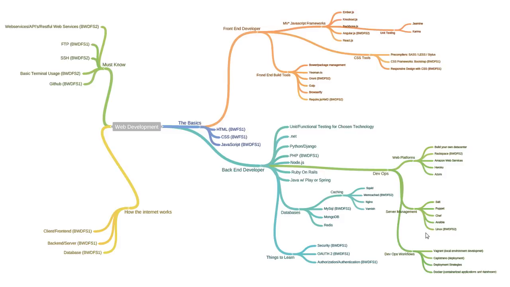I'm also going to cover Linux on my second course, and I'm going to also try to cover different deployment strategies, maybe with Capistrano, okay? All of these are really advanced subjects, and it doesn't make sense to talk a lot about them right now. So basically this is web development, and hopefully if you learn all of these or the majority of these subjects, you'll be in a really good position to be hired by any company in the world, okay?